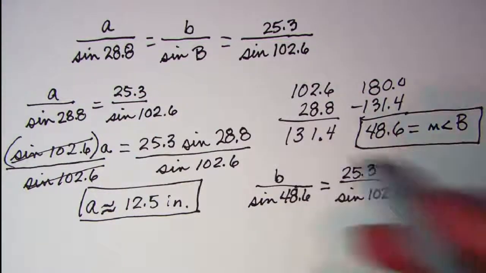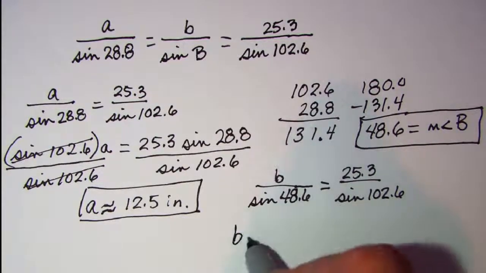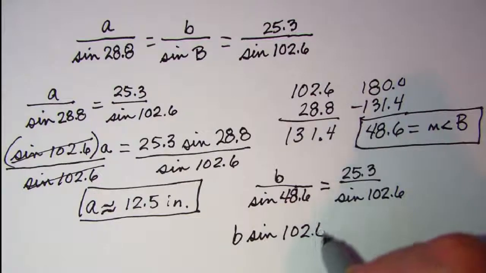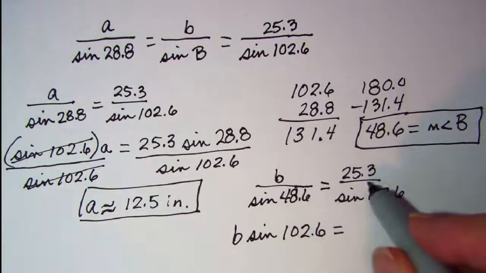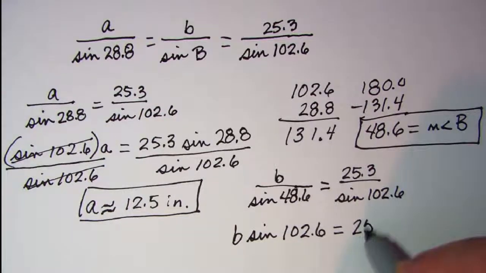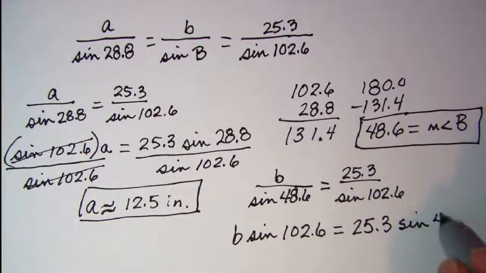So b times the sine of 102.6 is equal to 25.3 times the sine of 48.6.